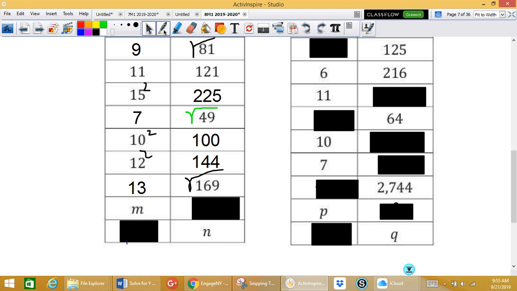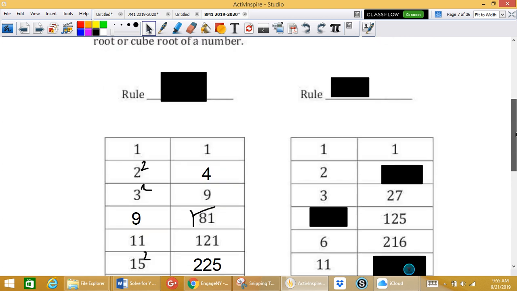And then m squared is going to be m squared. And then if I need to go backwards, the square root of n is going to be the square root of n. So this rule is a number squared.